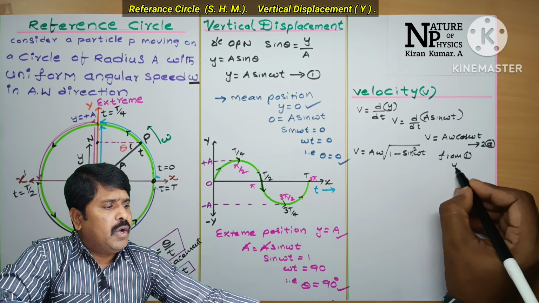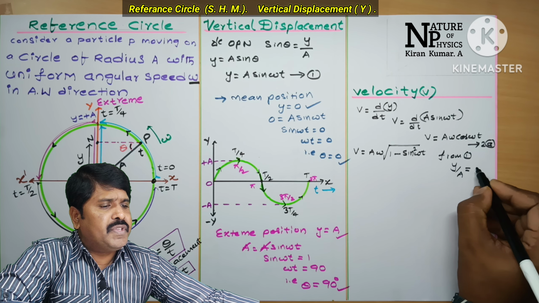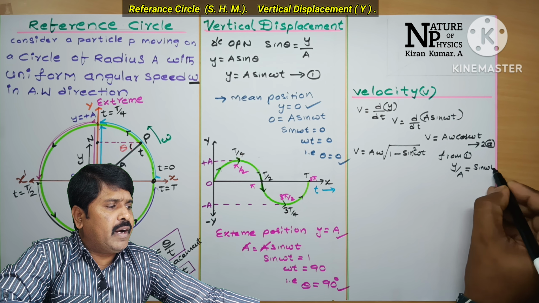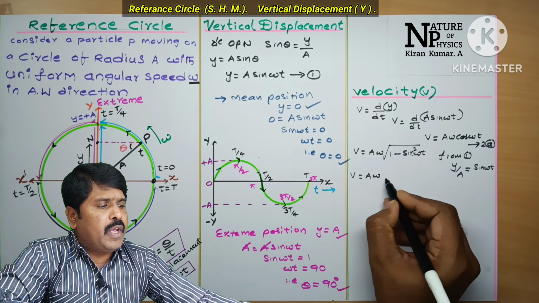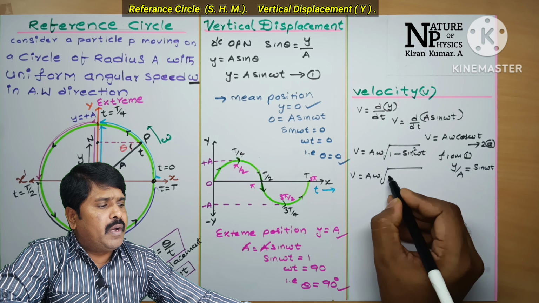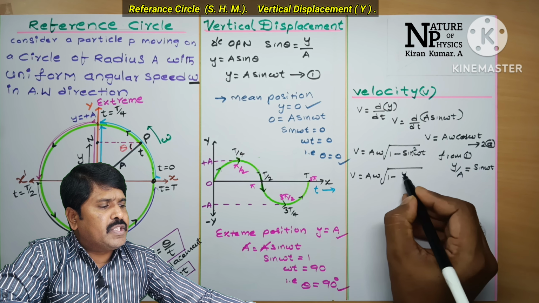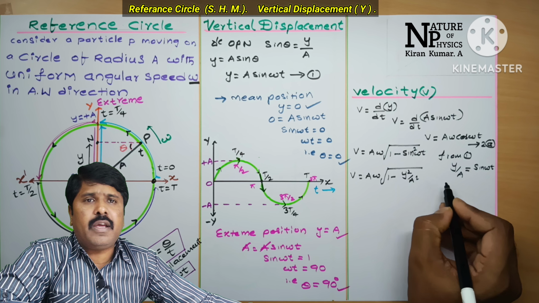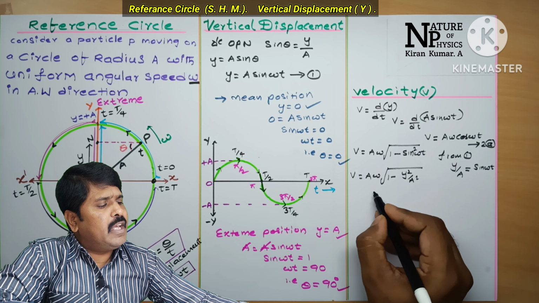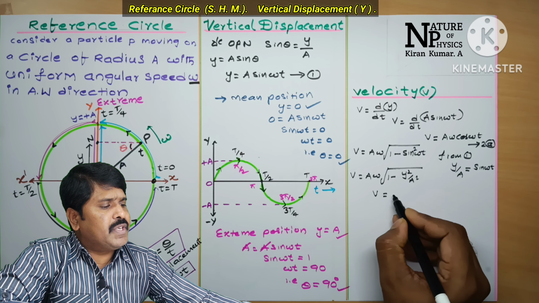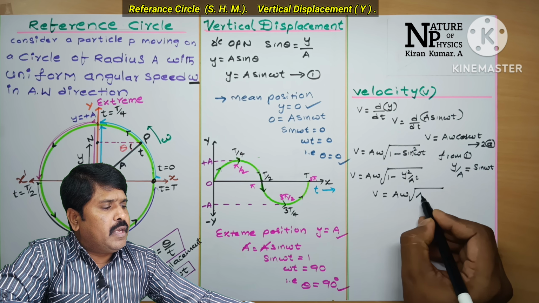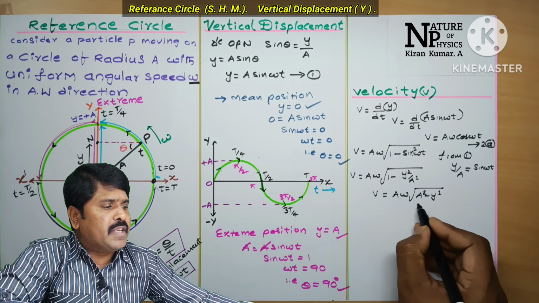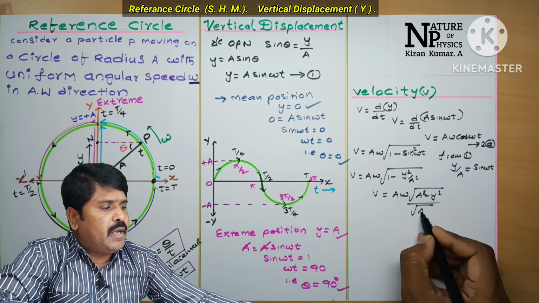from equation number 1 we get y divided by a equal to sin omega t. Replacing the value there, v is equal to a omega root over 1 minus y square divided by a square. Taking the LCM, we get the second velocity equation: a omega root over a square minus y square divided by a square.